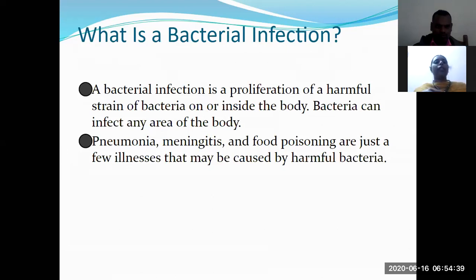If this bacteria infects our skin, then rashes will be there. Some specific symptoms will be there. Here I have added some examples like pneumonia, fever, meningitis, and food poisoning, or just an illness caused by harmful bacteria.